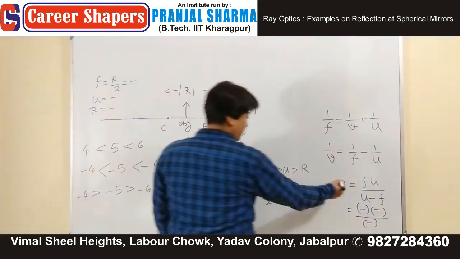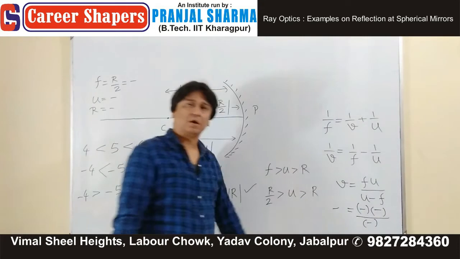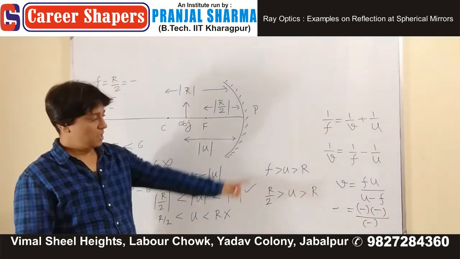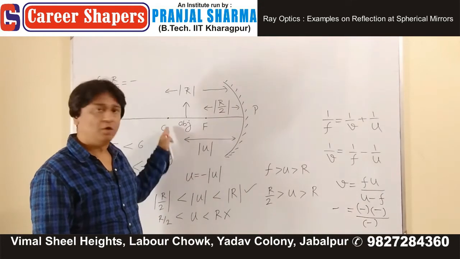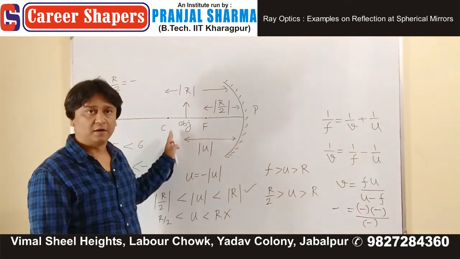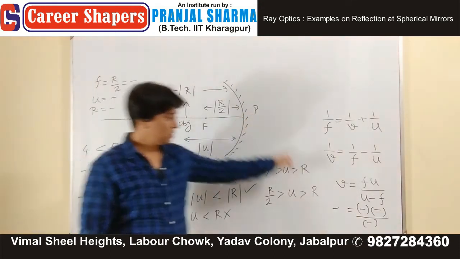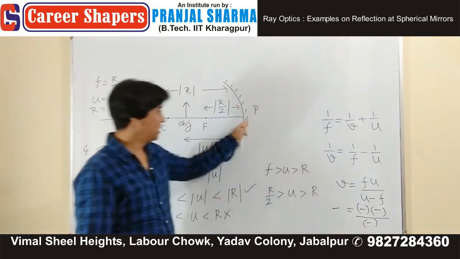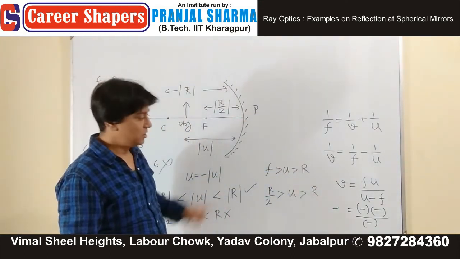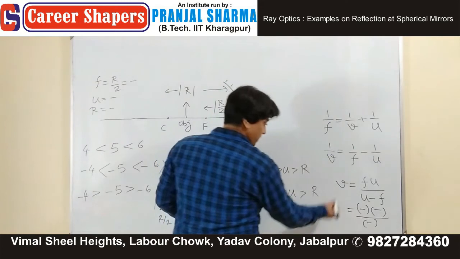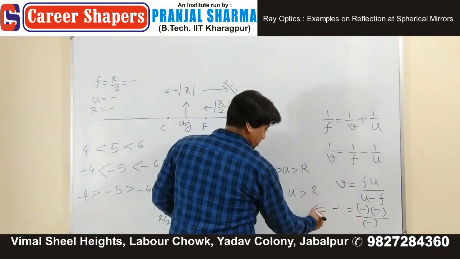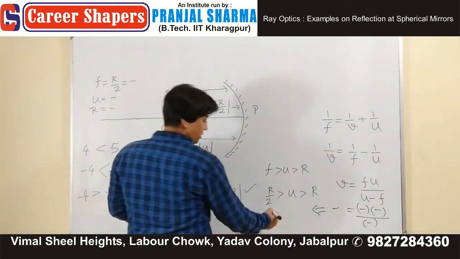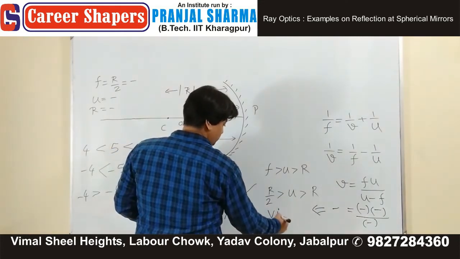The whole thing, v, is coming negative. V is negative, that means the image is on the left side. This is the origin. V is coming negative, the image is on the left side. So the moment you find that v is coming negative, this tells you that your image is virtual.